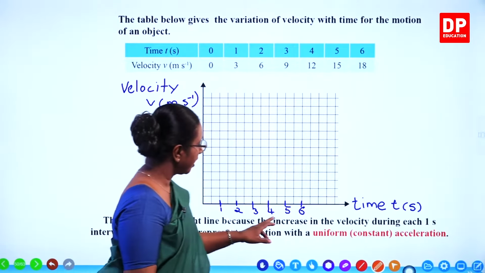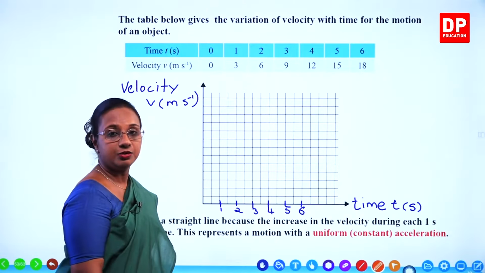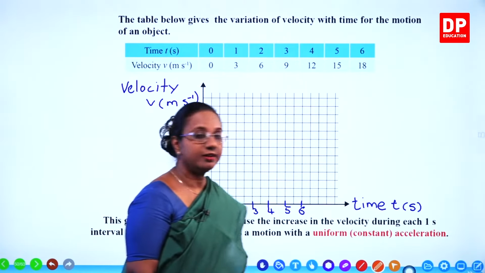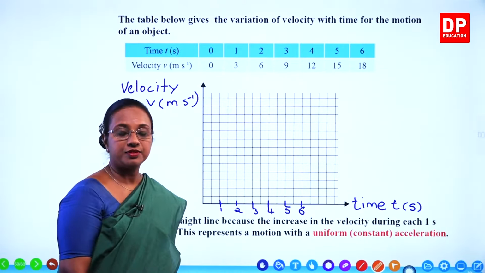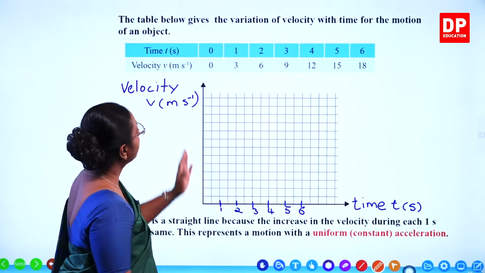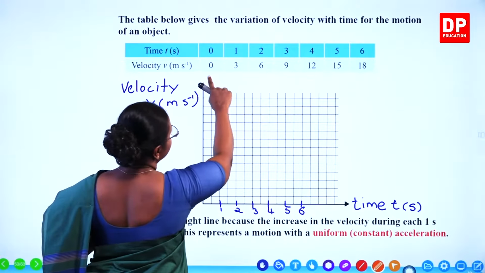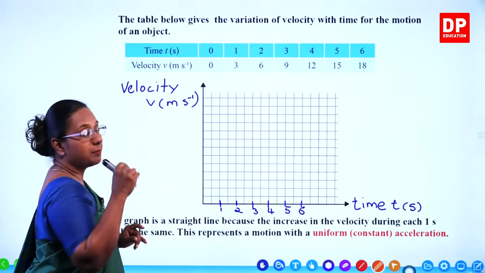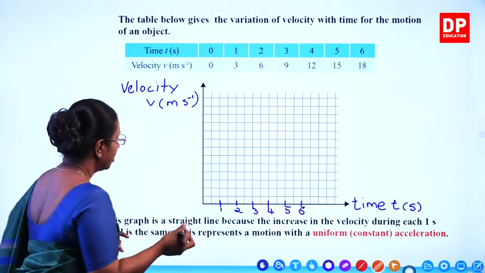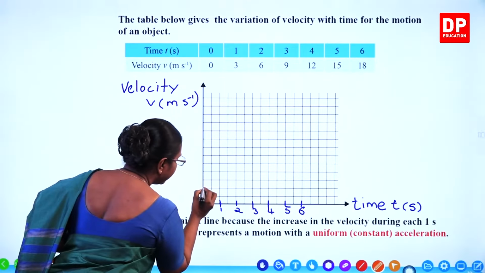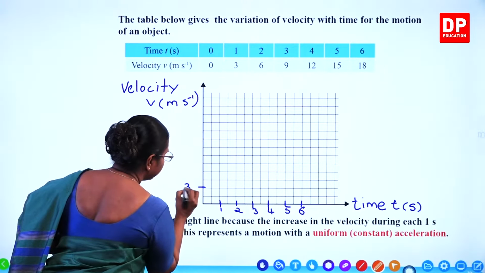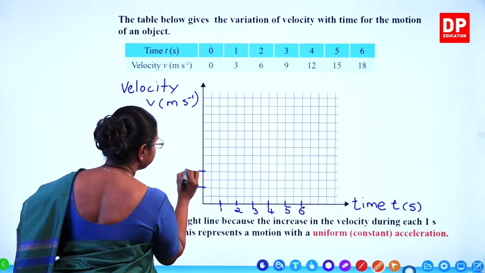Again, you do not have to write the unit there because we have already written it with the name of the axis. And on the y-axis, that is the velocity axis, you can see the velocity is changing by 3 units. So we can start by marking the different velocities.